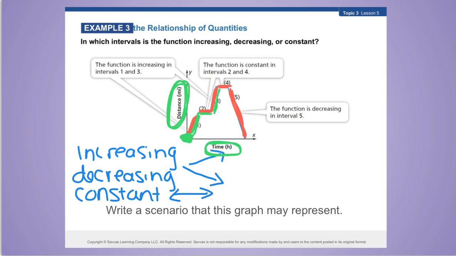And then you'd go up some more distance and hold right there. And then you'd go all the way back down to no distance. When could that happen? So I'll give you one of my ideas, and then I'm interested if you'll tell me your ideas next time I see you.